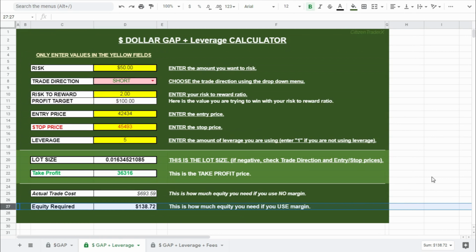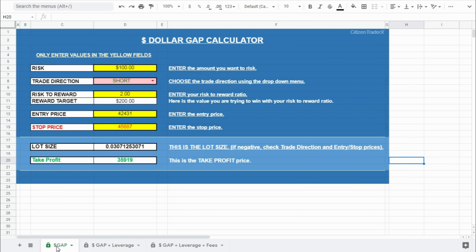Can we do that? Let's do that. Minimum equity required, there we go. That makes sense. All right, so enter the risk, enter the direction, enter your risk to reward, entry price, stop price, add your leverage. If you're not using leverage, as my instructions say, just enter a 1 in there, or even better, use the other calculator.